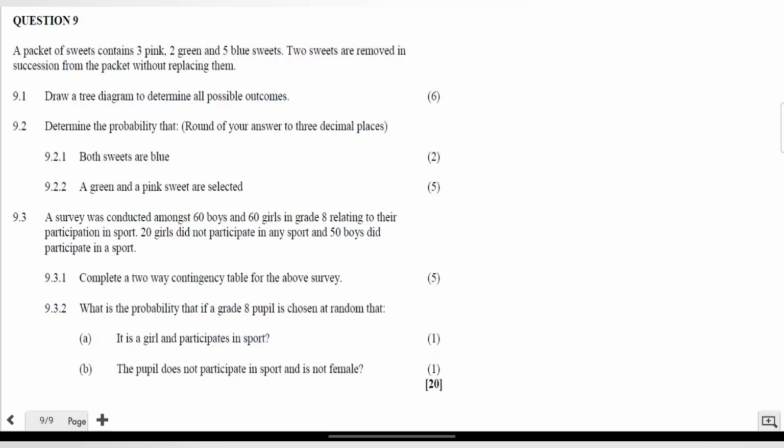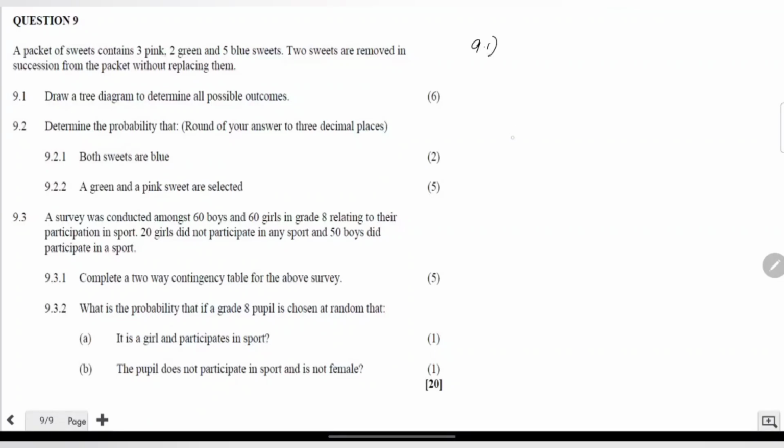All right, now you have to draw a tree diagram. Here you are picking up 2 sweets. You are not taking 2 sweets at a time. Even if you take 2 sweets, you have to consider one by one. So let me start with the first sweet. Always when you do a tree diagram, it has to start from a point.